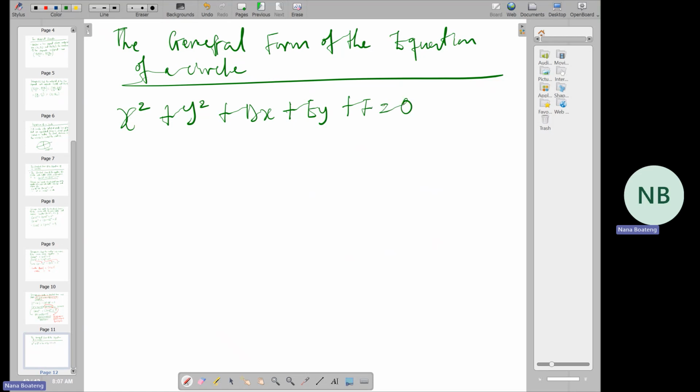So this is the general form of the equation of a circle. All right, so let's look at converting the general form of a circle's equation to the standard form and graphing the circle.